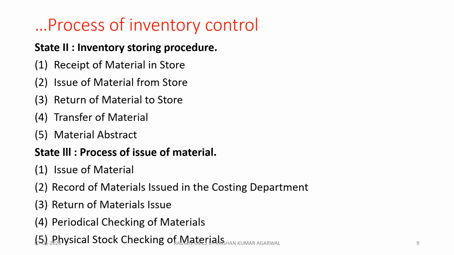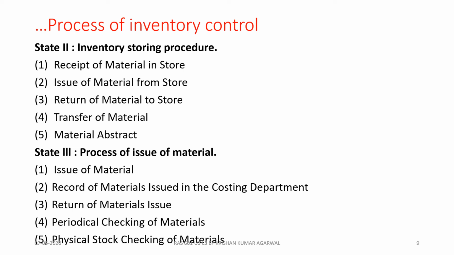Further, as and when the transfer of material takes place from the store, they have to keep the record or data. And not only the data, but they also have to take care of the material abstract, like its quality, specification, and numbers.